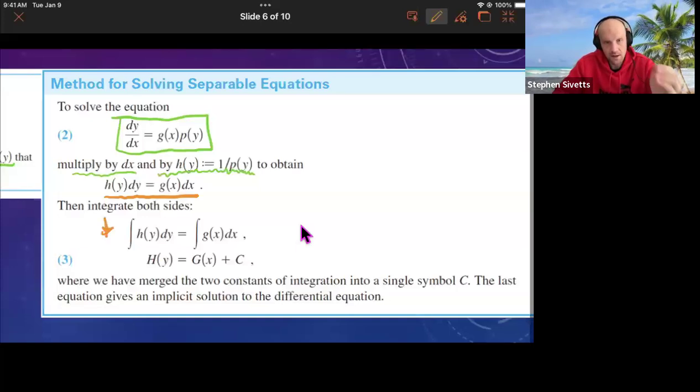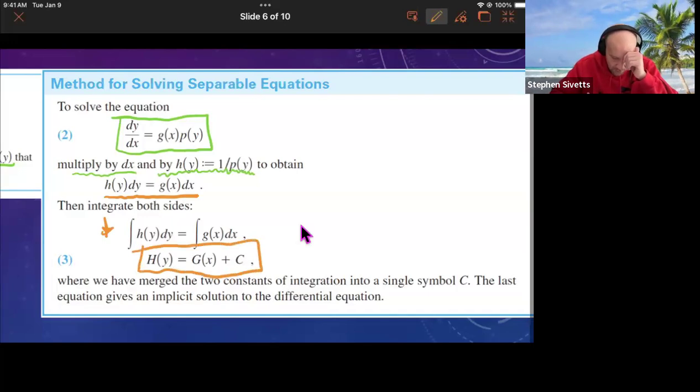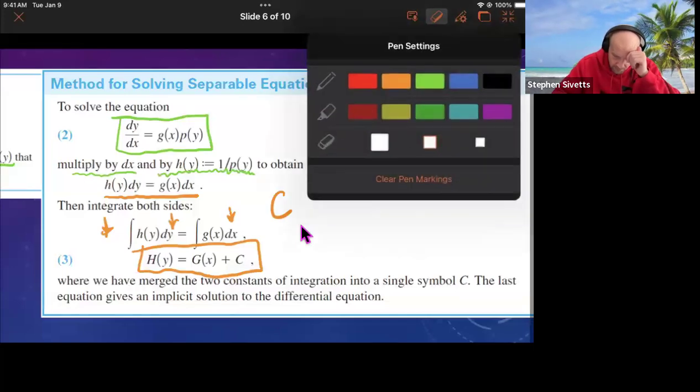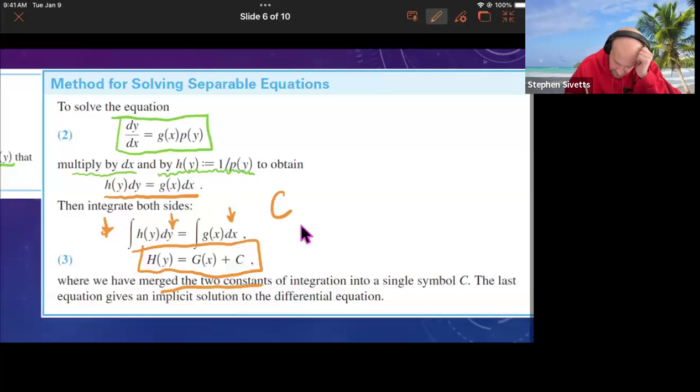We integrate with respect to y on the left-hand side, and with respect to x on the right-hand side of the equation. So you'll have this following relationship here. C is just an arbitrary constant. You'll get constants when we integrate y and x, but they label capital C as the universal constant for the antiderivatives, merging the two constants into one.